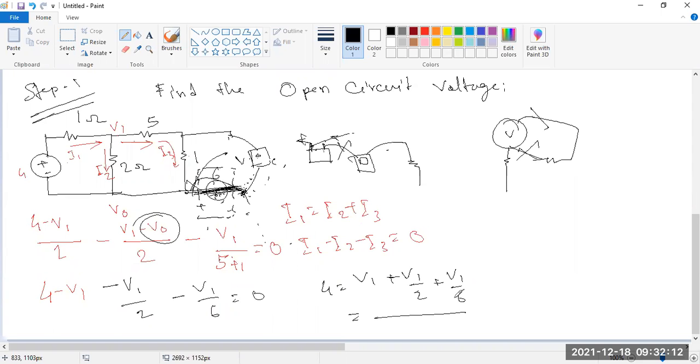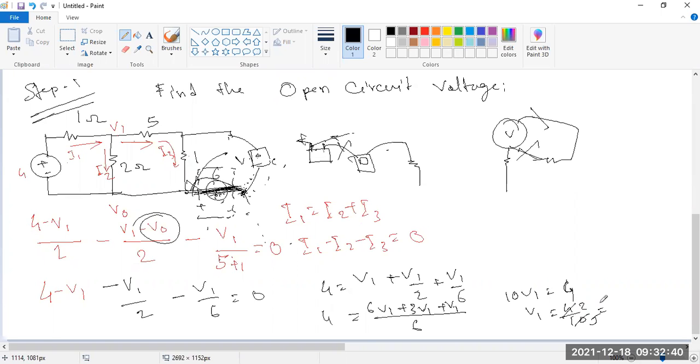So it will be 6 V1 plus 3 V1 plus V1 equal to 4. Or you can say that is 10, and 10 V1 equal to 6. Sorry, this is 4. So V1 equal to 4 by 10.